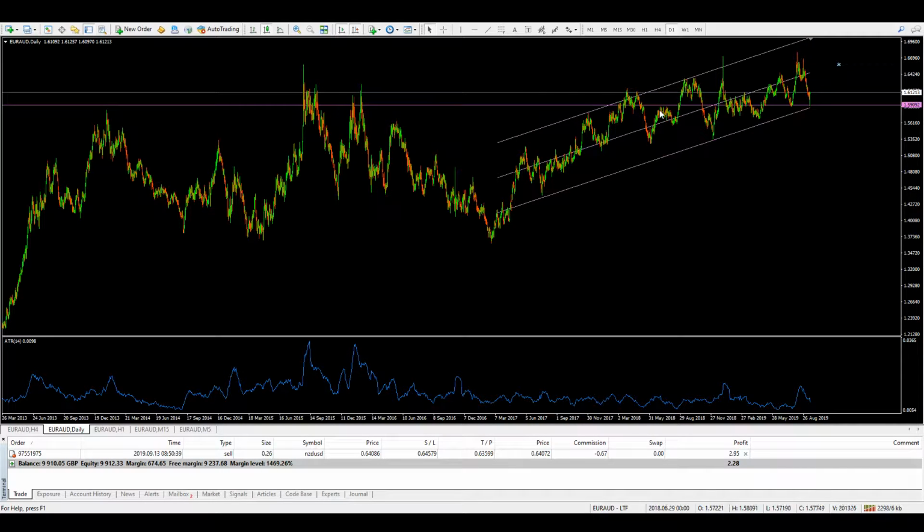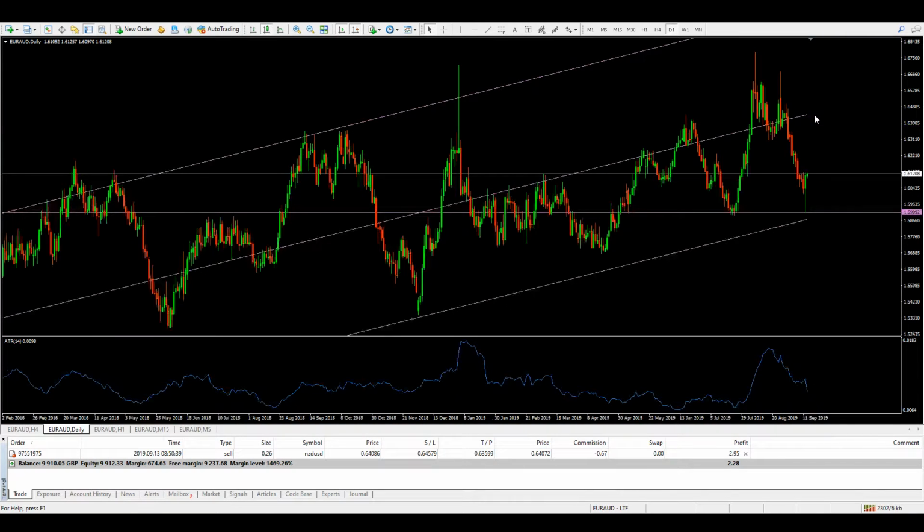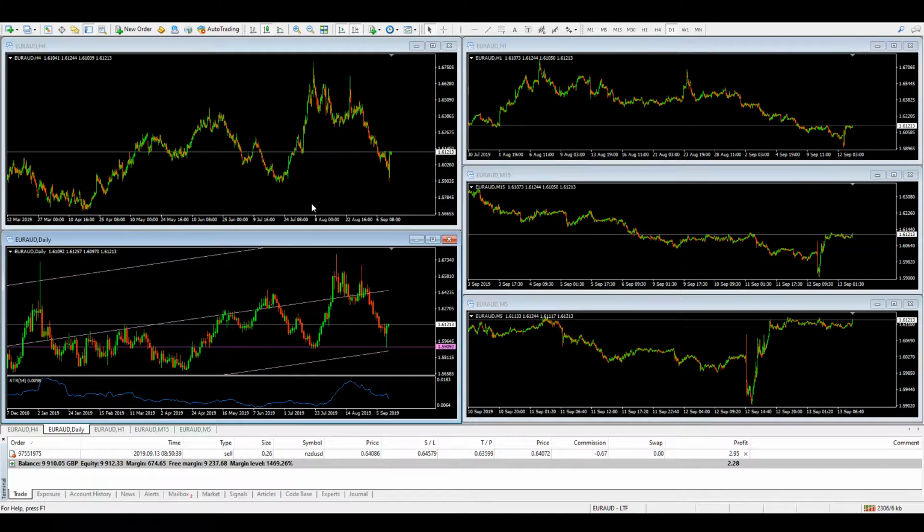You can see previous levels where it was having trouble getting through here, so there's previous resistance. It goes back further as well, so good premise to have stops below this level. But really it's just how to enter this now based on the lower time frames.